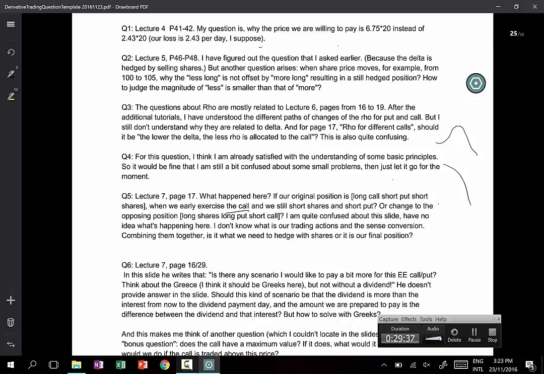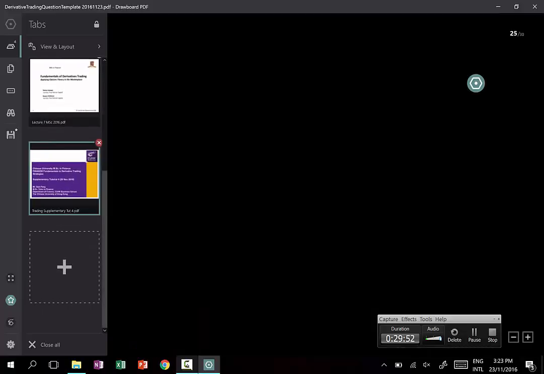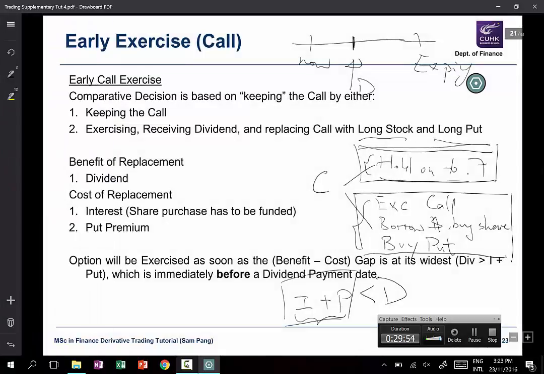And so it really is just an opportunity cost argument, and you can see that a lot of the slides that follow on whether you should exercise or not, they're all based on that simple idea of comparative costing.